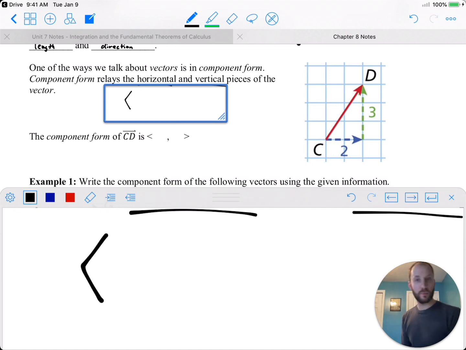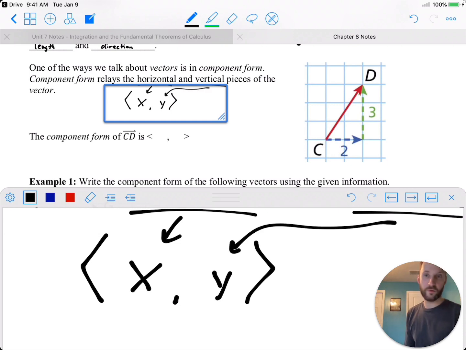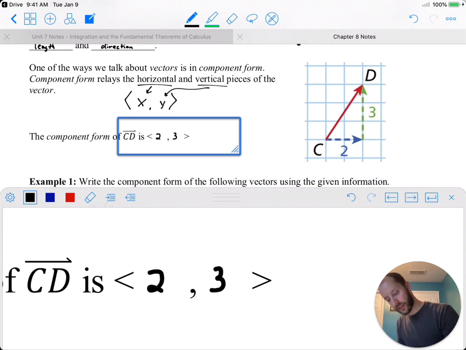So when you do component form, we have these sharp brackets, x, comma, y. And the x is the horizontal. Of course, y is the vertical. So component form of vector CD, you see the little hook over the CD, is <2, 3>. 2 horizontal movements, 3 vertical movements.